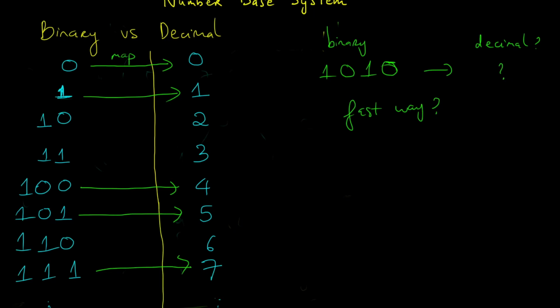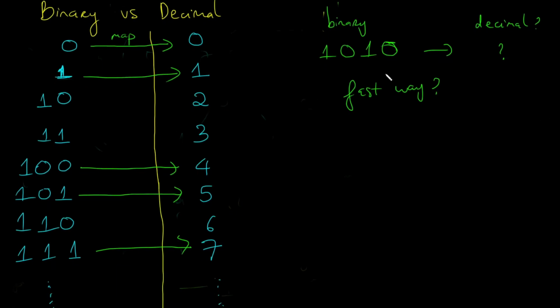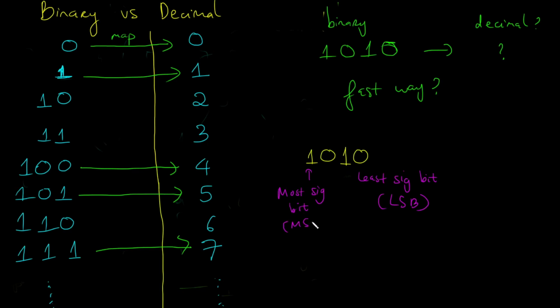So the trick is going to be like this. I will show you guys. So for 1 0 1 0, we always do the trick like this. This bit right here is called the least significant bit, the LSB, and the top one right here is the most significant bit, or the MSB.